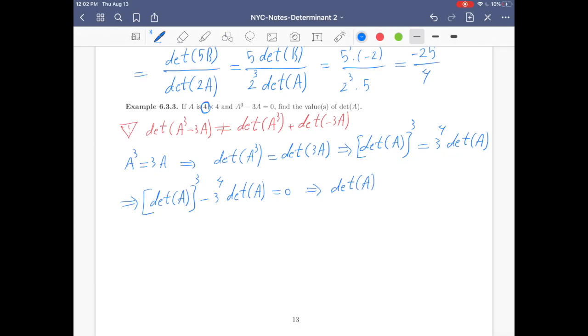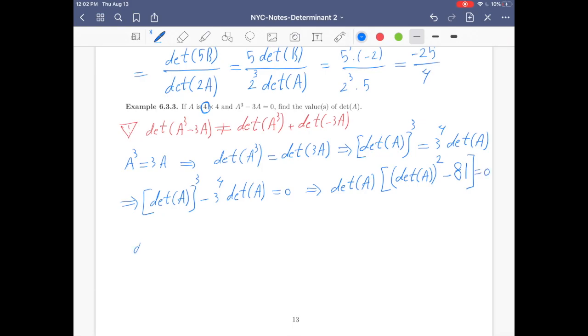Now you factor out the determinant of A, you get the determinant of A times the quantity determinant of A squared minus 81 equals 0.